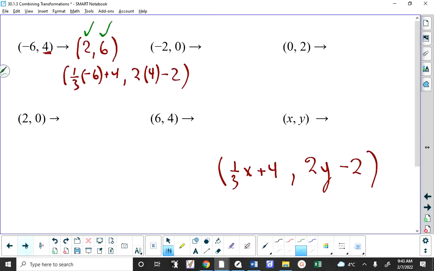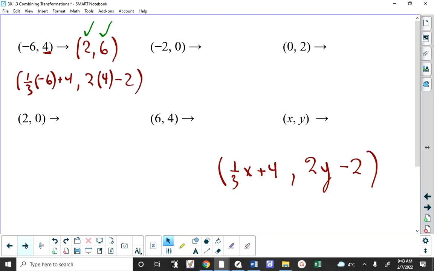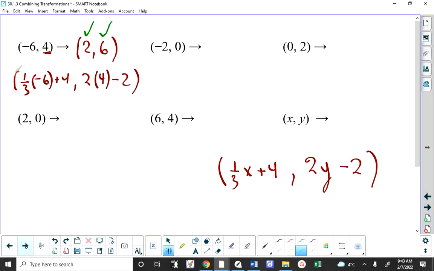So if I load -2 comma 0 into my mapping, my mapping is 1/3 times -2 times x plus 4, comma 2 times y, which is 0 minus 2. What do I get if I take 1/3 times -2 and add 4? And quite frankly, I don't care if you use your calculator. Use your calculator.